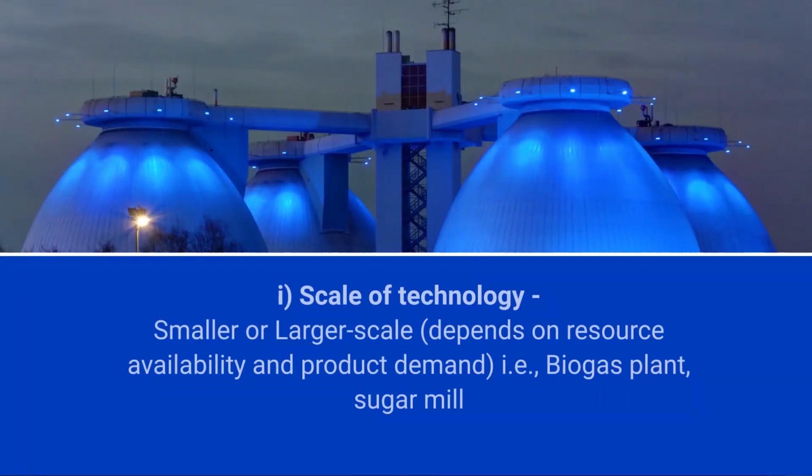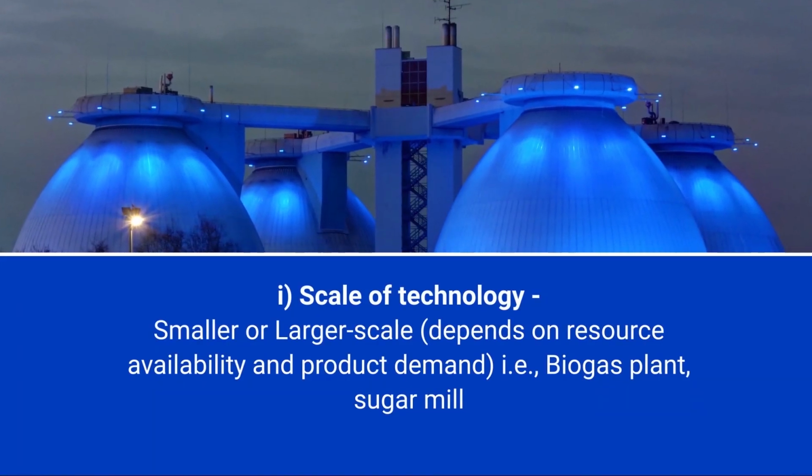First is the scale of the technology. For example, whether it is a small scale technology or a large scale technology. And it depends on the availability of the resources and the demand of the product. For example, to understand the scale of technology, I am giving an example of a sugar mill or a biogas plant.